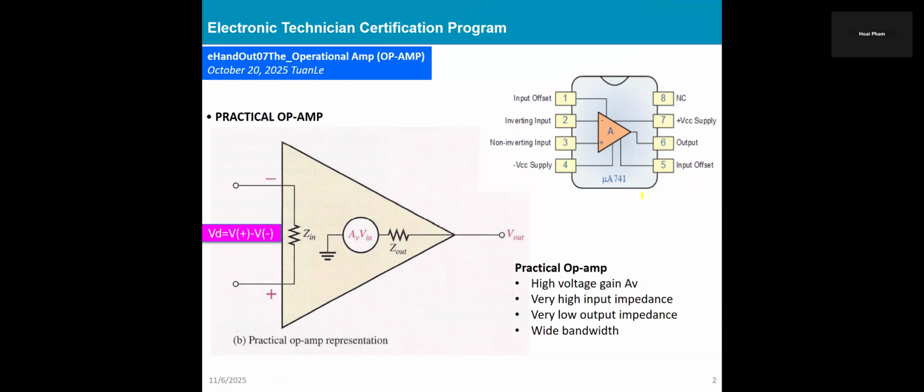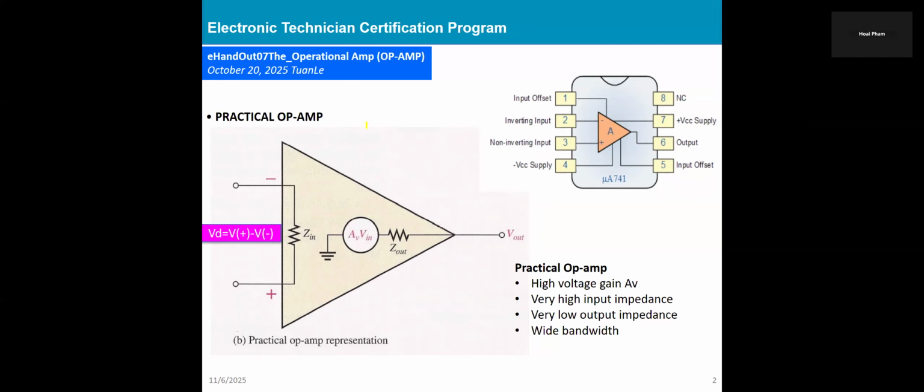For the power supply, pin 7 is for positive and pin number 4 for negative. In the lab, we're using plus 15 volt and minus 15 volt.